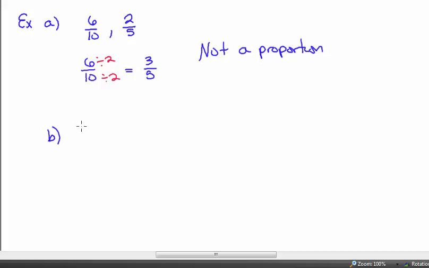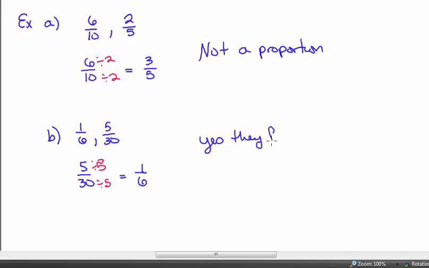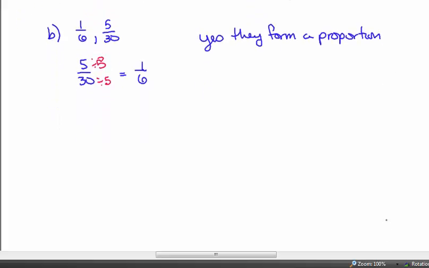Let's try another one. 1/6 and 5/30. Again, 1/6 is already reduced, so I just need to reduce 5/30 and see if it's equal. These both divide by 5. That's a really weird looking 5, but it's a 5. And I get 1/6, so yes, they form a proportion. Okay, let's try another.